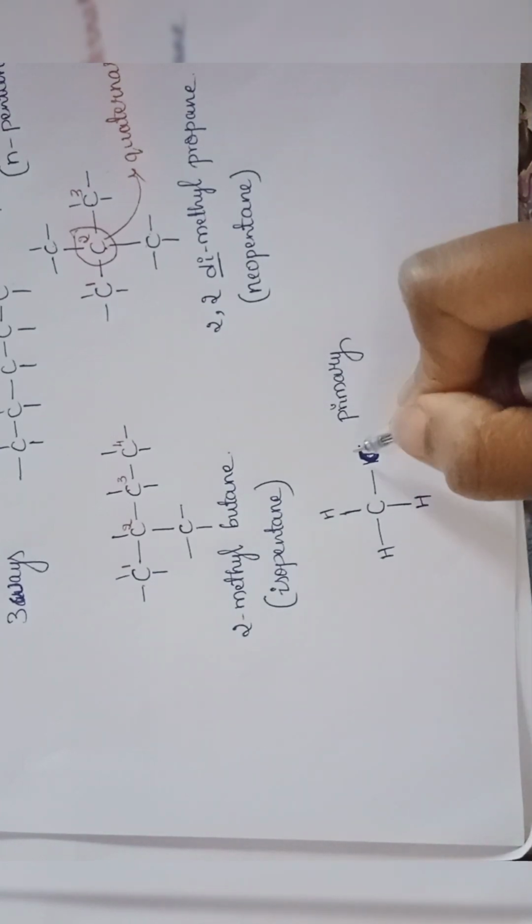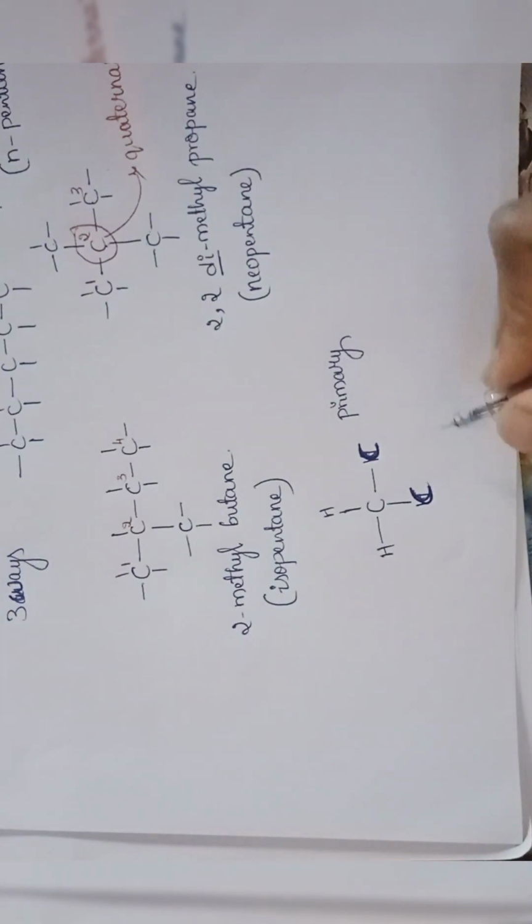Carbon has 4 valence, which means it can bond with 4 other atoms. If one of the hydrogens is replaced by a carbon, that will be called a primary carbon. If 2 hydrogens are replaced by carbon atoms, then this will be secondary.